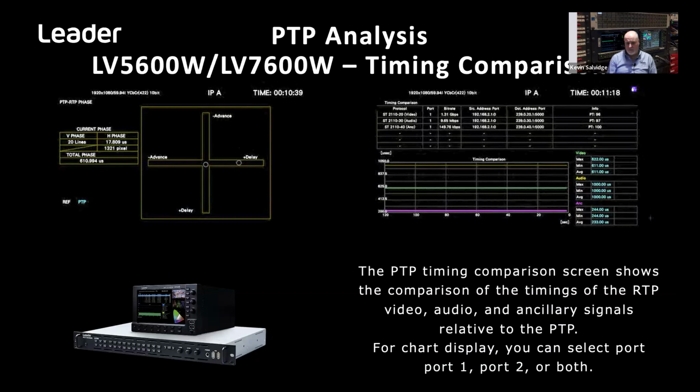But also IP is all about trends. So on the Leader products, we also have graphs, and these products can scale the graph anywhere from basically 2 minutes up to 72 hours, which allows you to see those trends, which could be absolutely critical in making sure that you take corrective action before something takes you off air.